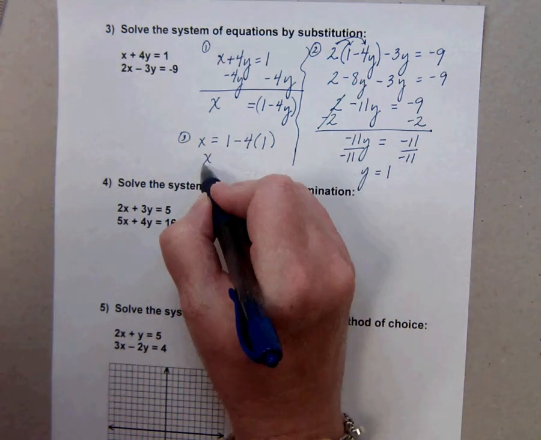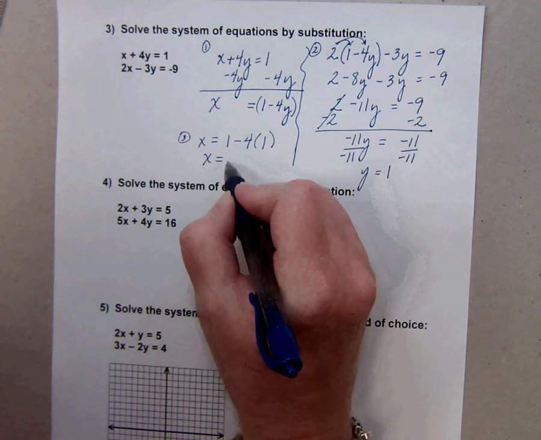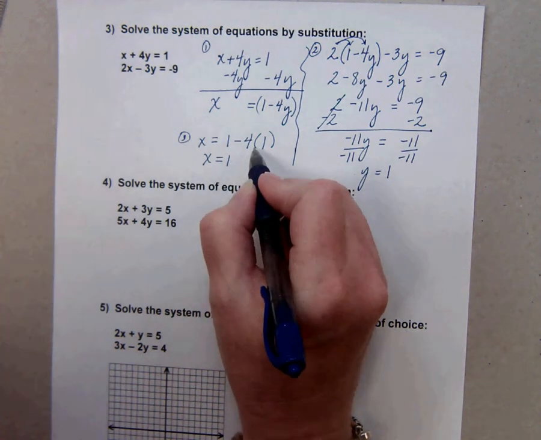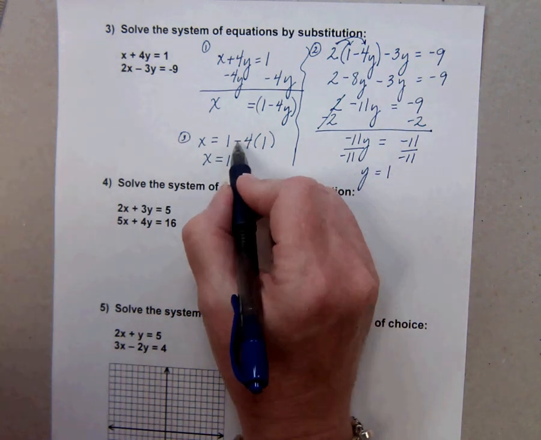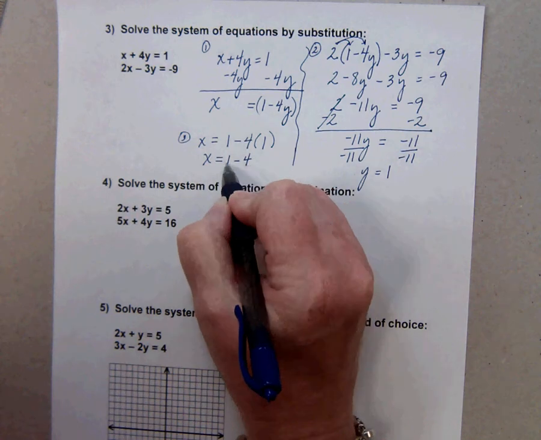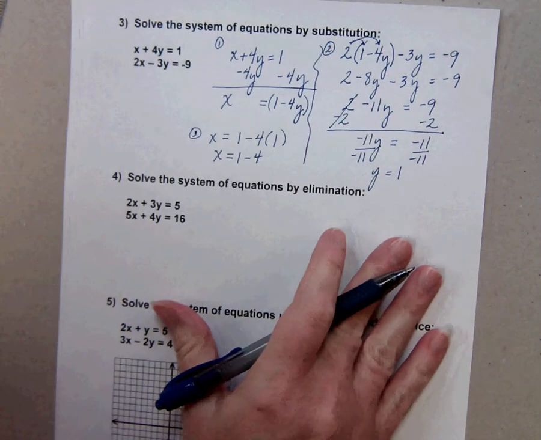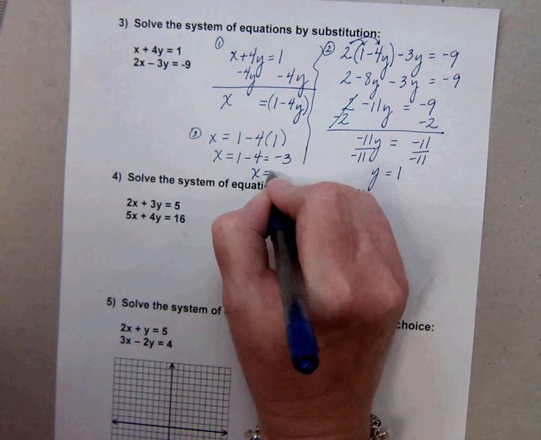So now the answer for x, make sure you multiply before you do anything with this first one. You have to follow order of operations. So the order does matter. Negative 4 times 1 is a negative 4. And when you subtract 4 from 1, you do get a negative 3. So that's our x value.